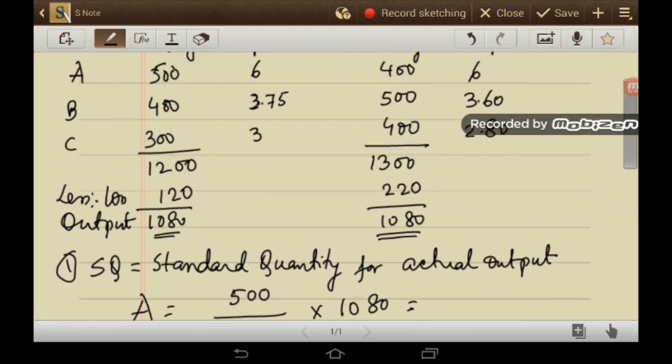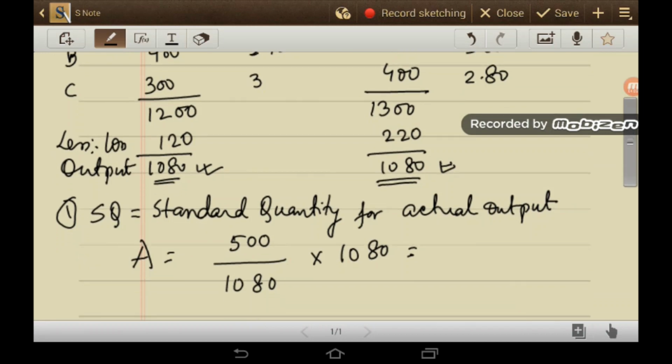So 500 kg is the standard input, that will give 1080 kg of output. Both the numerator and denominator are the standards, and this is the actual output, that is 1080. So the standard quantity of material A is 500 kg.